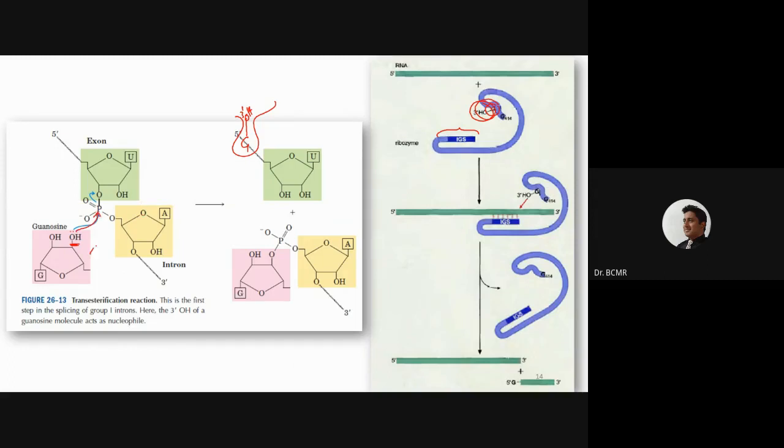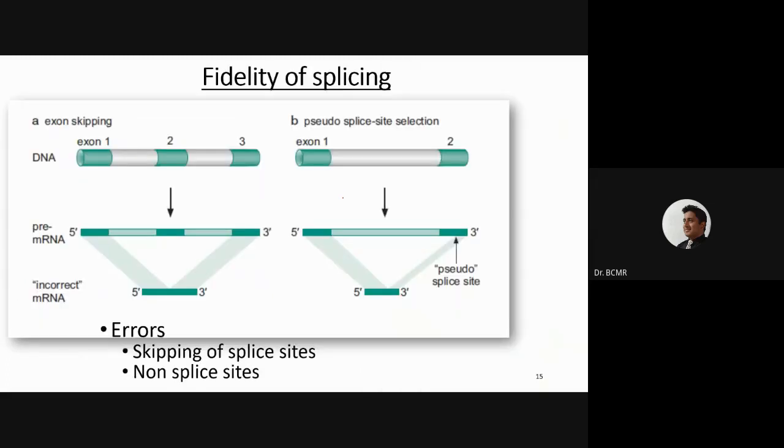Then the G is added to this part like this, forming something like this, and the 3' OH of the exon will then make an attack on the next exon to form spliced exons basically.